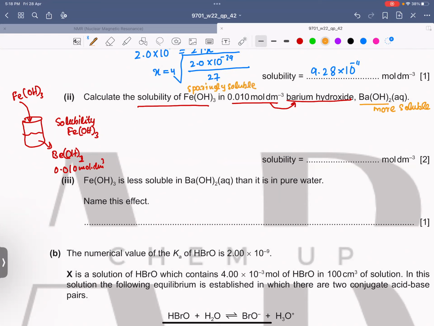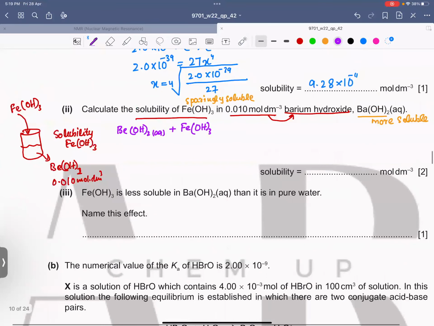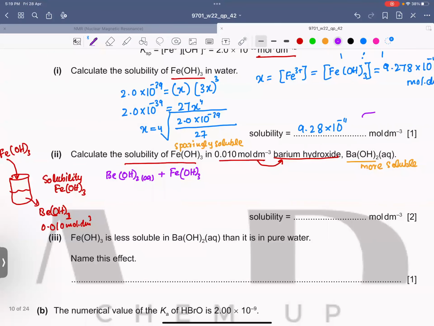Okay, so what would happen when aqueous barium hydroxide is already there and we are adding iron hydroxide to it? This is the solubility of iron hydroxide in water basically.